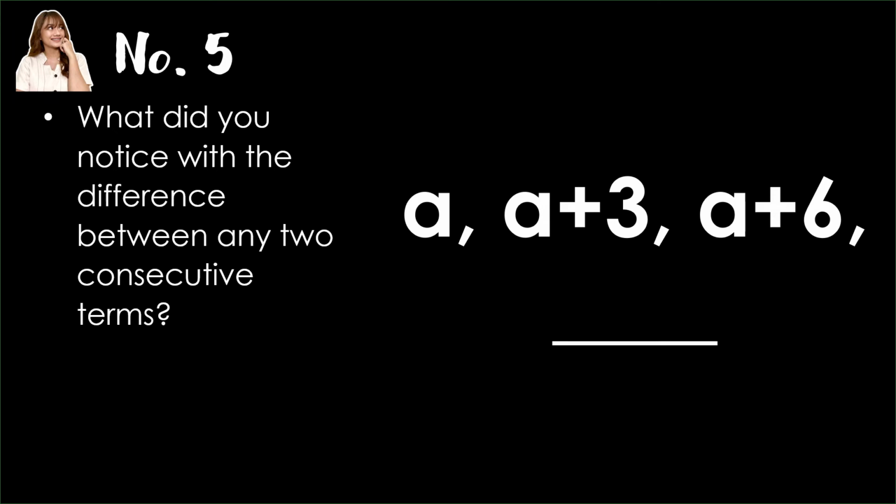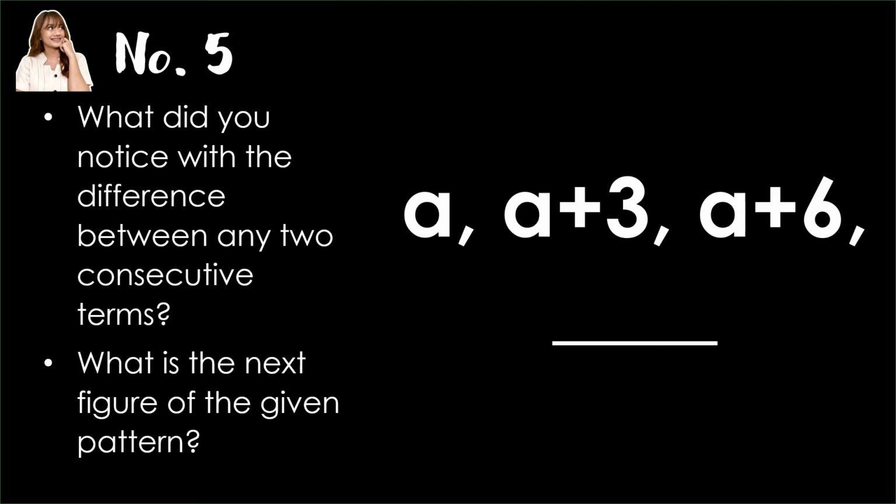Also, what is the difference between a plus 6 and a plus 3? Is the difference between a plus 3 and a the same as a plus 6 and a plus 3? Now, what will be the next term of the given pattern?